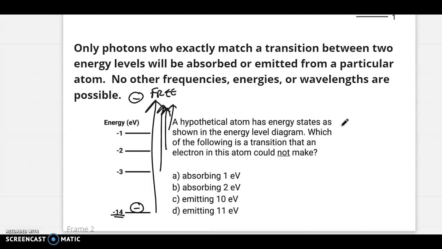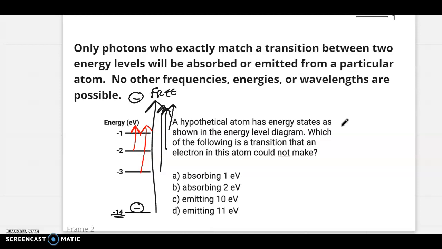Okay, and we're back. Could an electron absorb 1 electron volt? It sure could. If a photon carrying 1 electron volt came in, it could absorb it. It could shoot you from -2 to -1. How about 2? Well, sure you could. You could go from -3 to -1. So B could work.